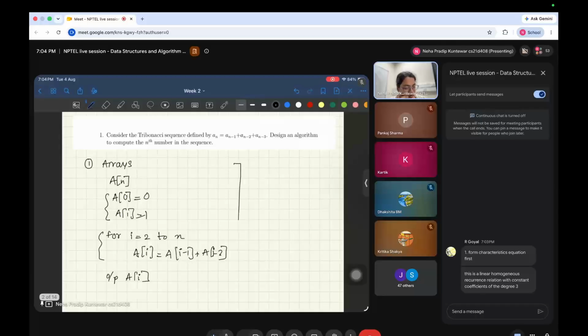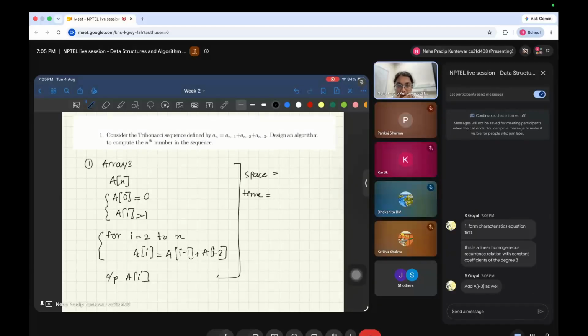But here, what is the space that we ended up using, and what is the time that we ended up using? Yeah, sorry. A of 2 is equal to 1, and you will do i equals 3 to n.